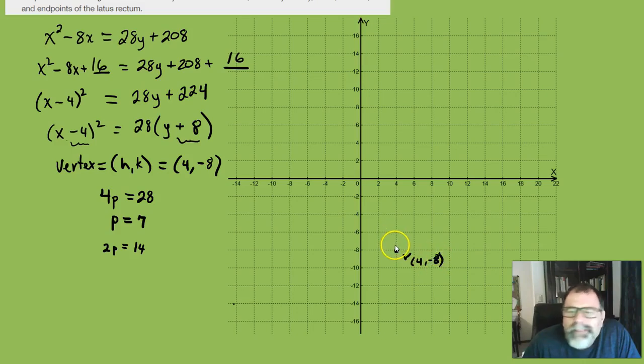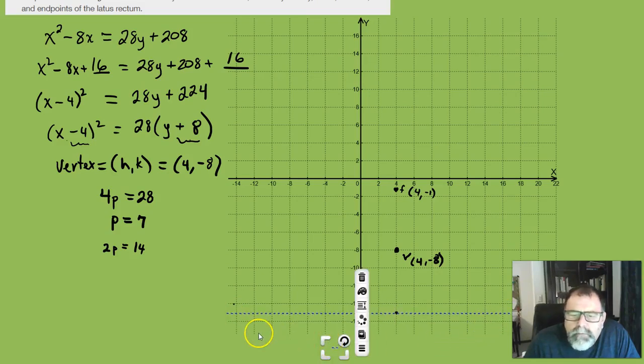And then P is 7, so we do 7 up. So that's our focus, which is 4, -1. And then -7. So let's see, that would be at 15. That would be our directrix.